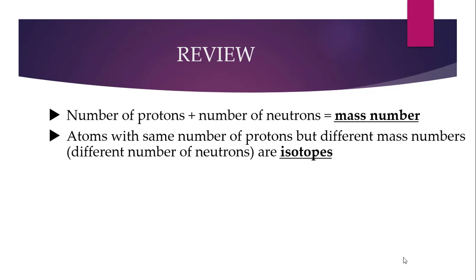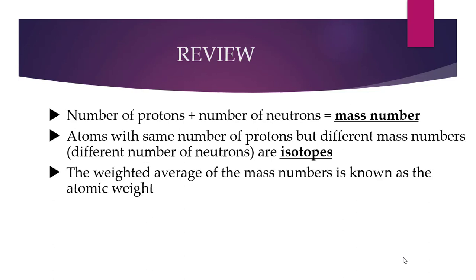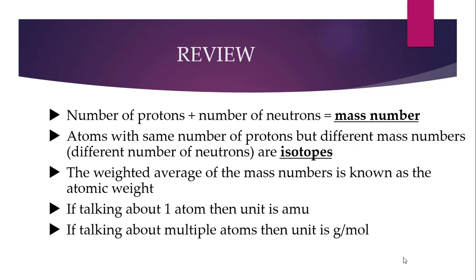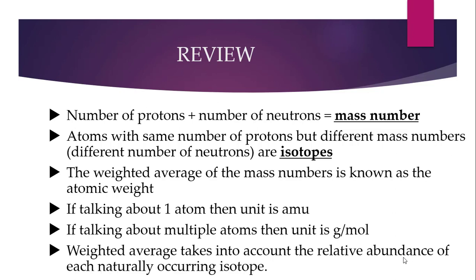Atoms with the same number of protons but different mass numbers are isotopes. The weighted average of the mass numbers of the naturally occurring isotopes is the atomic weight. If you're talking about one atom, you'll use AMU as the unit. Otherwise, you'll use the molar mass in grams per mole. Remember that the weighted average takes into account the relative abundance of each naturally occurring isotope.